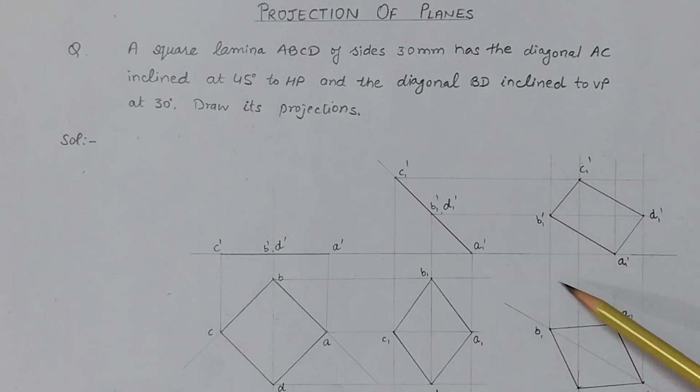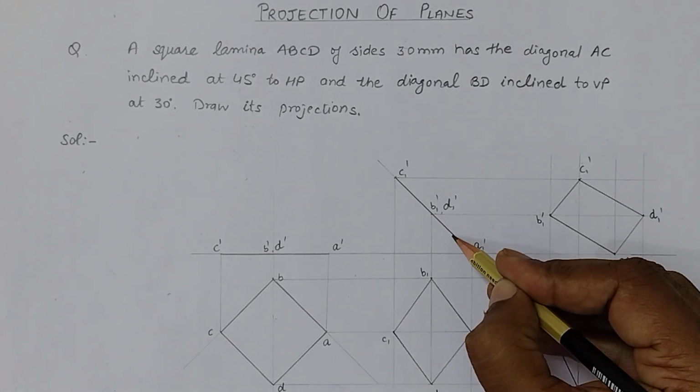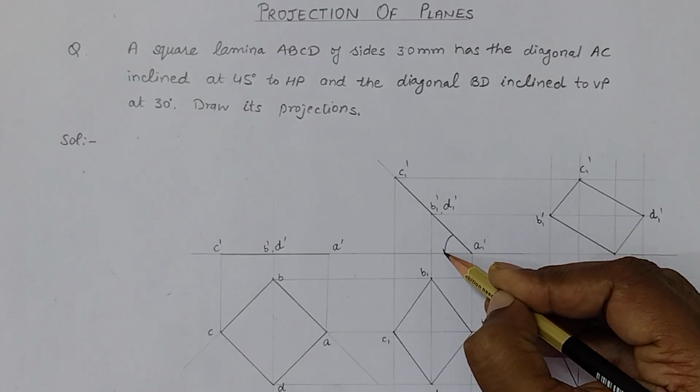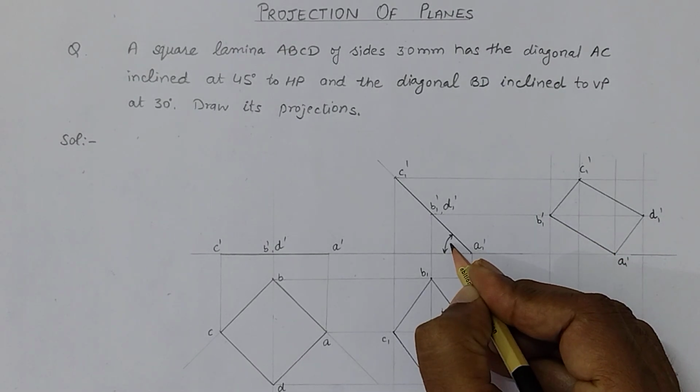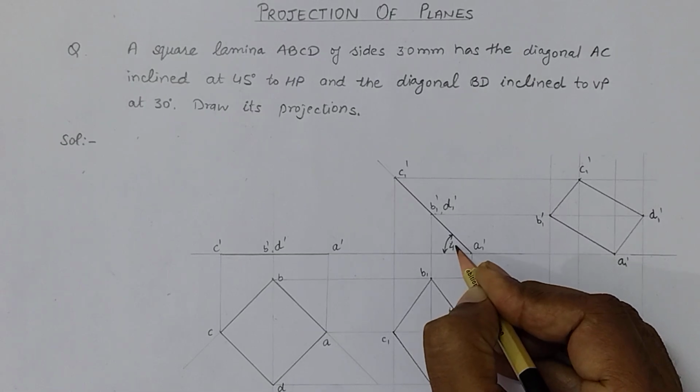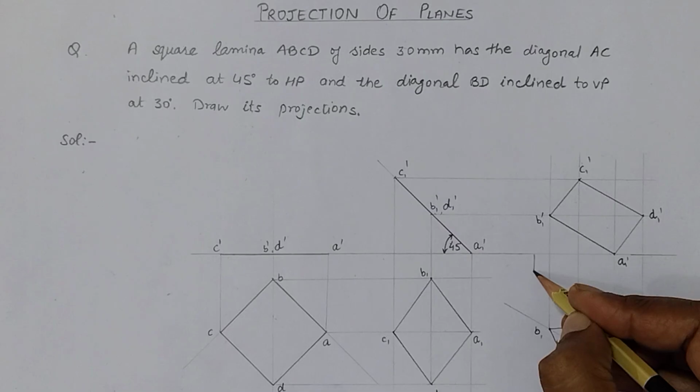So this is the result when the plane is inclined to 45 with HP and 30 degrees to VP. So represent or mark all the given data on this drawing. Here is 45 degrees, this angle is 30 degrees.